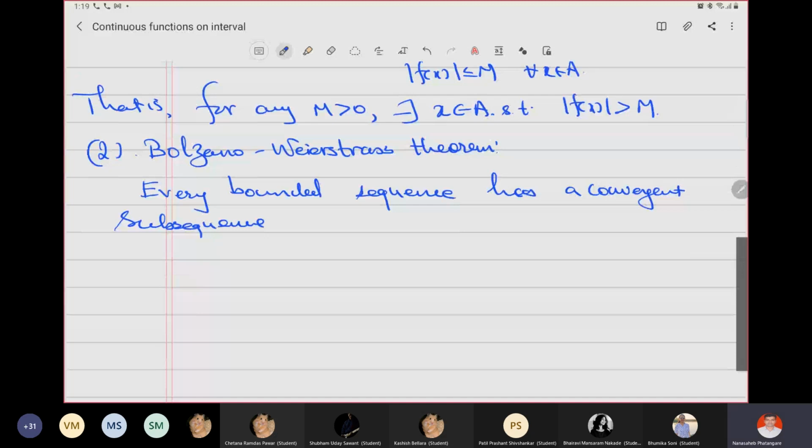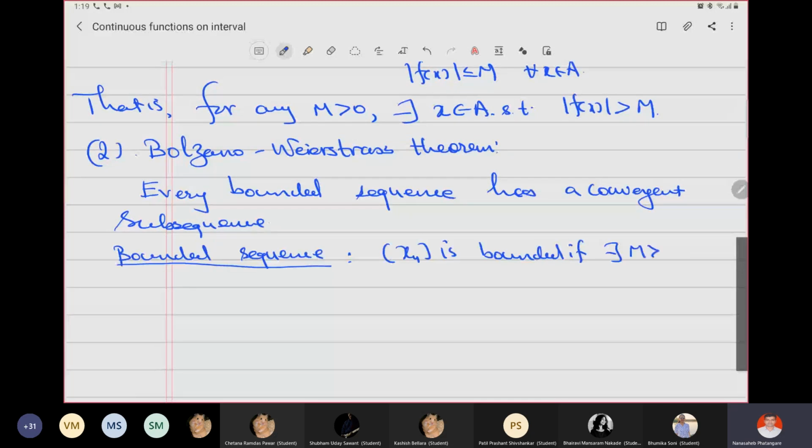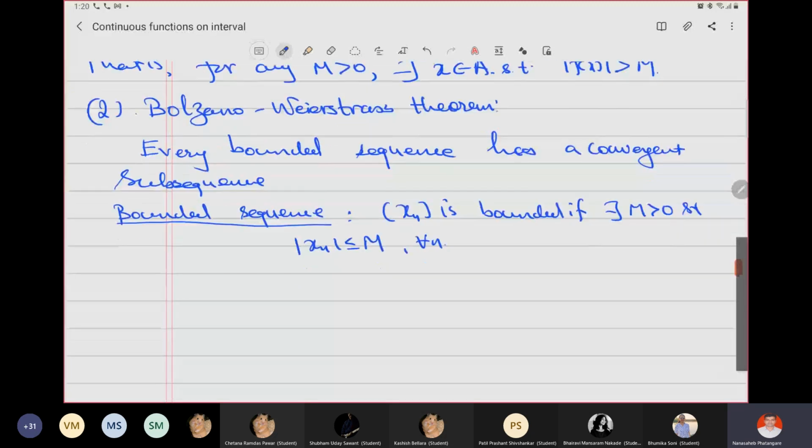A sequence xn is bounded if there exists m such that absolute value of xn is less than or equal to m for all n. That means each term is bounded by m, right?